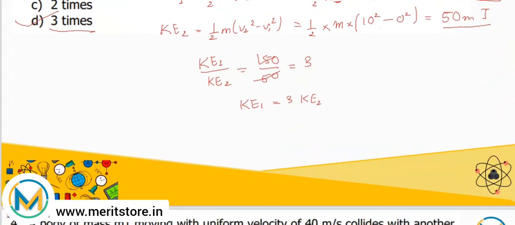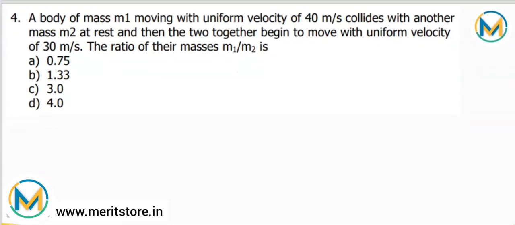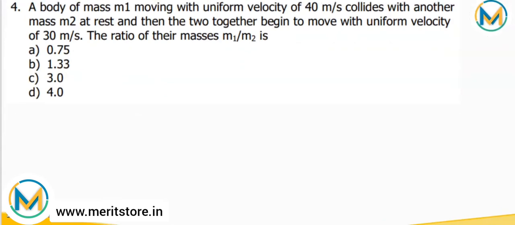Looking towards the next question: a body of mass m1 moving with uniform velocity of 40 meter per second collides with another mass m2 at rest, and then the two together begin to move with uniform velocity of 30 meter per second. The ratio of their masses m1 and m2 is.